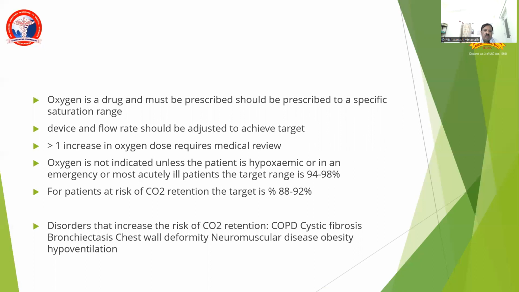The flow rate should be adjusted to achieve the targeted saturation. Patient should be frequently monitored and reviewed, and the target should be not more than 94 to 95%. In the majority of conditions, 94 to 95% is more than sufficient.